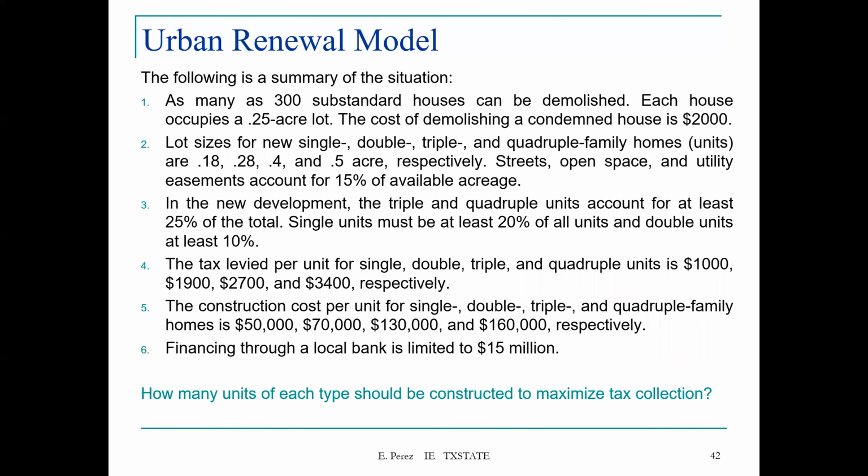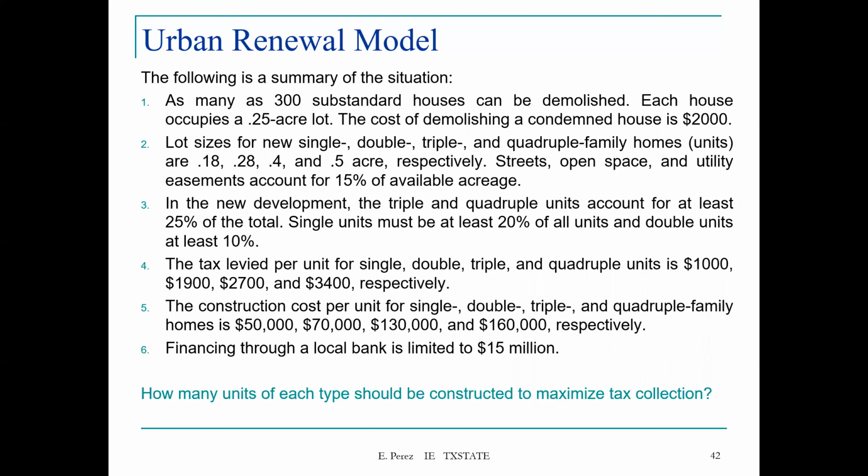And here we have some extra information. As many as 300 substandard houses can be demolished. Each house occupies a 0.25 acre lot, and the cost of demolishing a condemned house is $2,000. Lot sizes for new single, double, triple, and quadruple family home units are 0.18, 0.28, 0.4, and 0.5 acre.